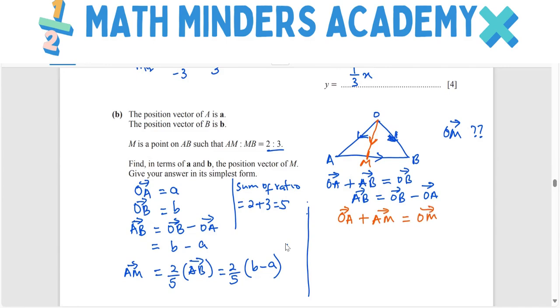So I want to move from O to M. I can move from O to A and then from A to M. Remember, this arrow goes this way.